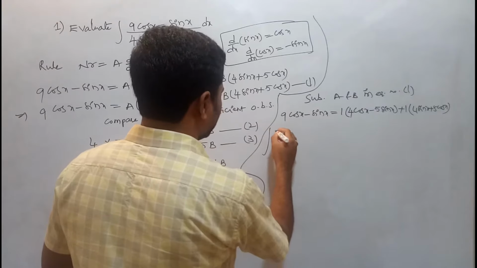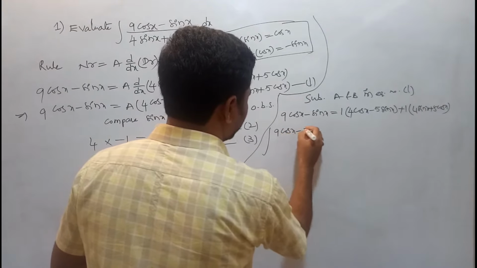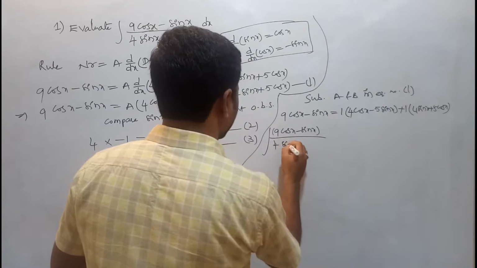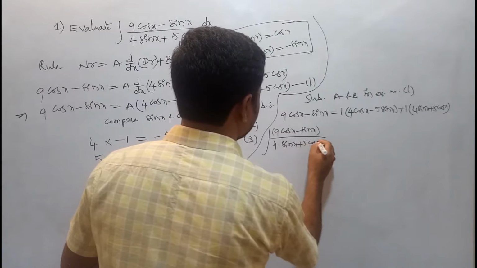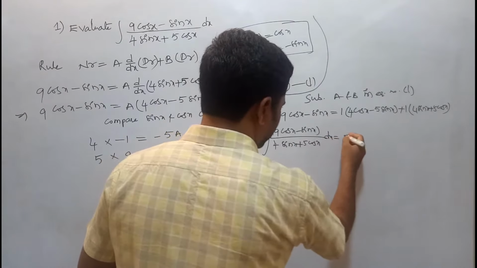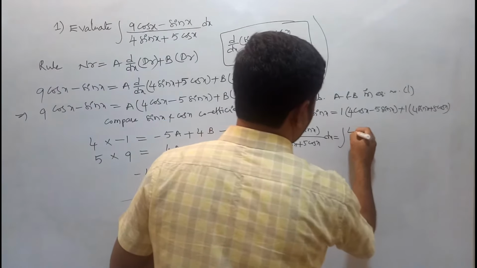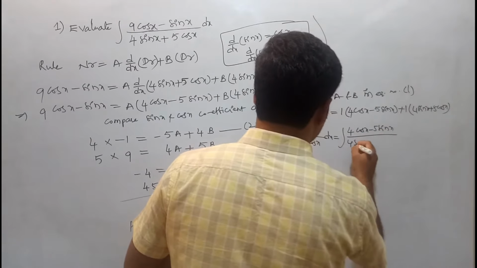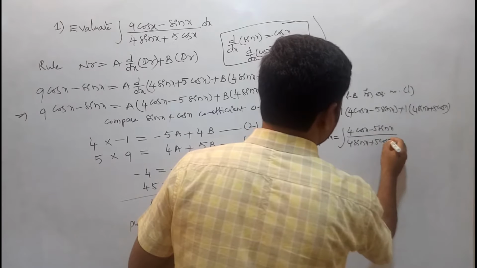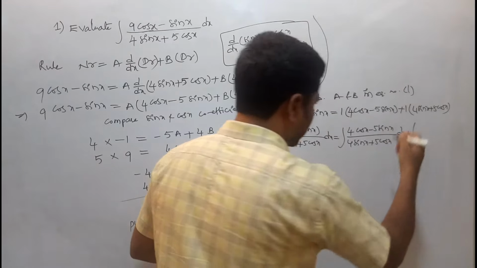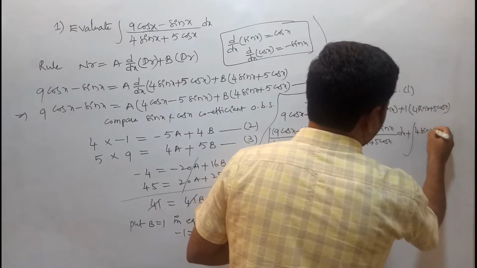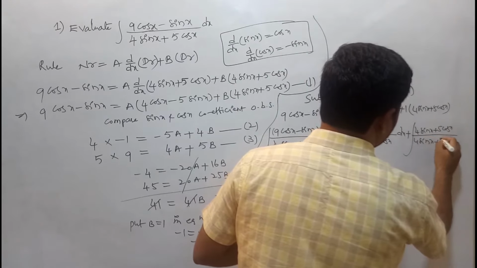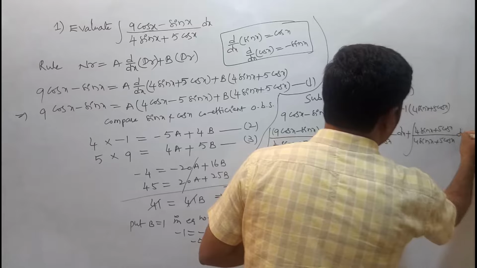So integral of (9 cos x minus sin x) by (4 sin x plus 5 cos x) into dx is equal to integral of (4 cos x minus 5 sin x) by (4 sin x plus 5 cos x) into dx plus integral of (4 sin x plus 5 cos x) by (4 sin x plus 5 cos x) into dx.